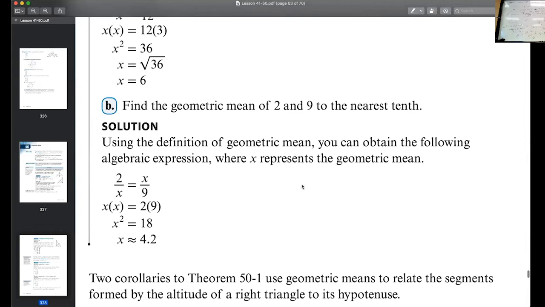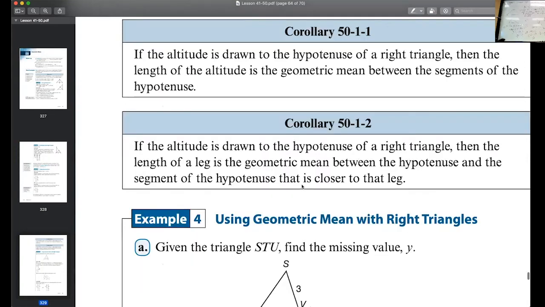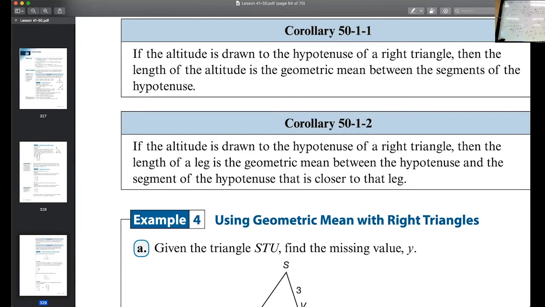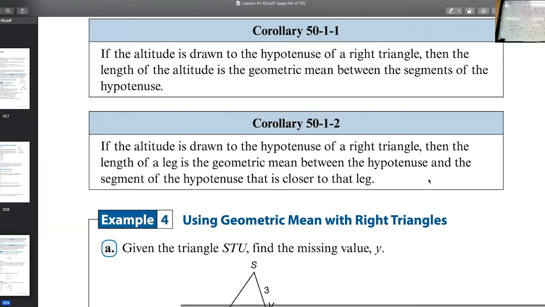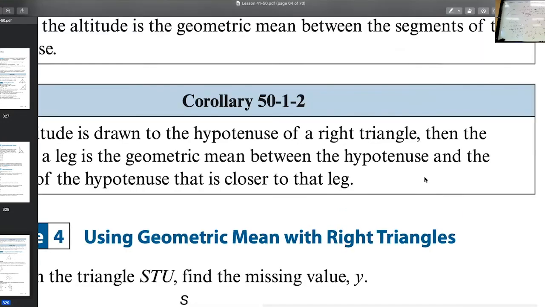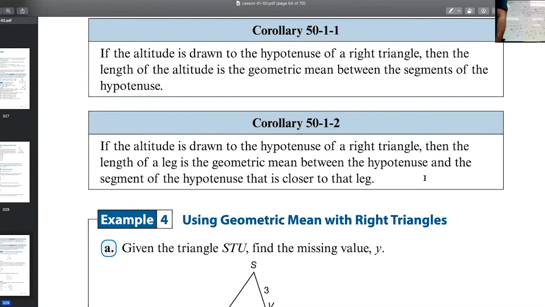Now try to picture this. If the altitude is drawn to the hypotenuse of a right triangle, same scenario that we're in, then the length of a leg is the geometric mean between the hypotenuse and the segment of the hypotenuse that is closer to that leg.